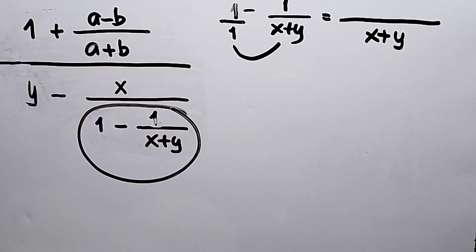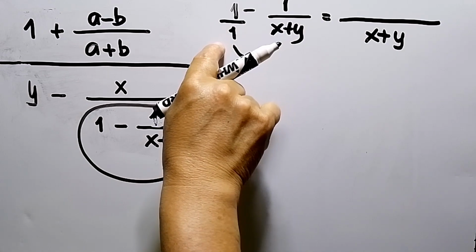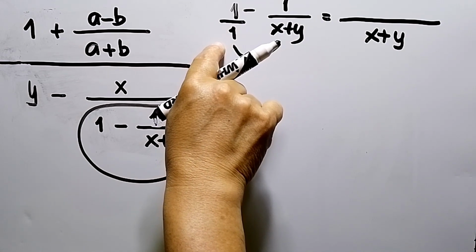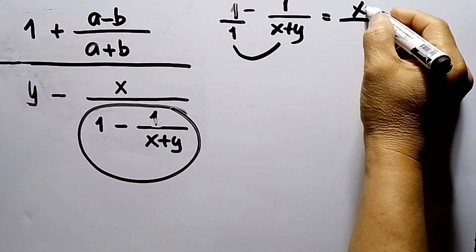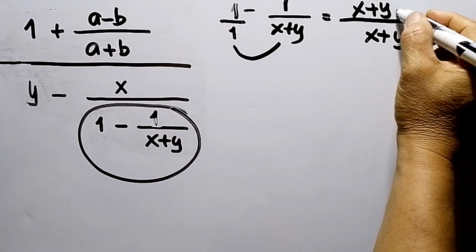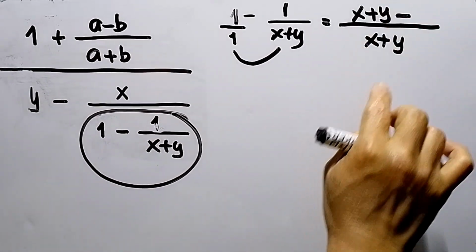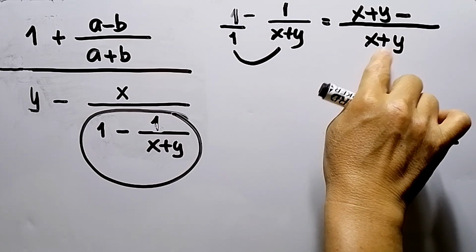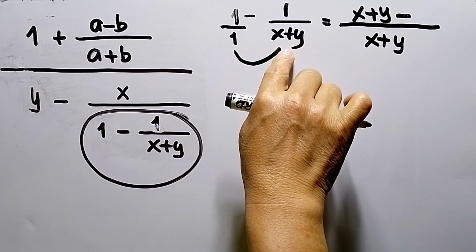Okay? And then I now have my LCD. LCD divided by the first denominator, which is 1, so that will be x plus y times 1. So I have here x plus y. And then I need to put my operation, which is minus or subtraction. So this one, LCD divided by denominator 2, which is x plus y, that will be 1.